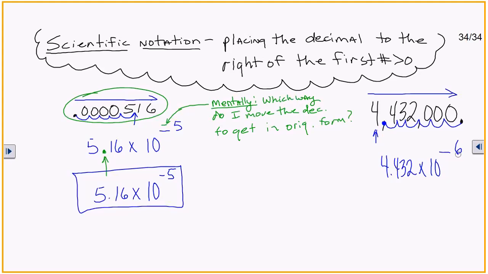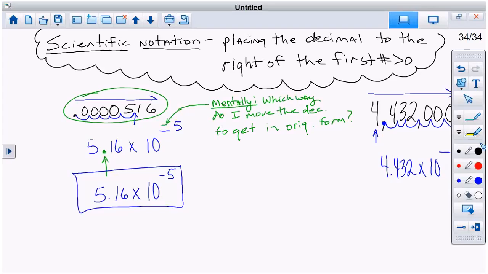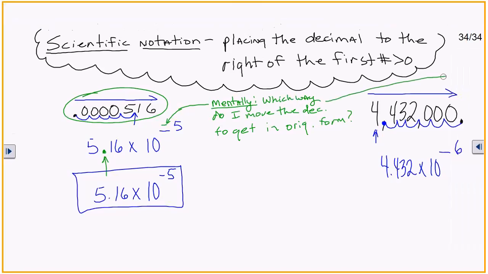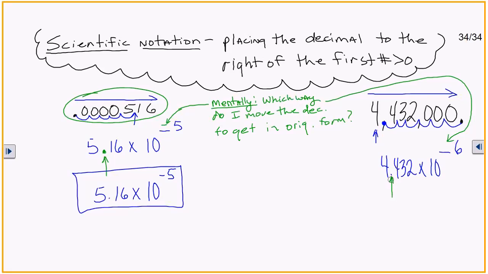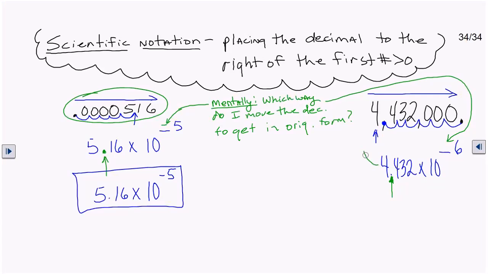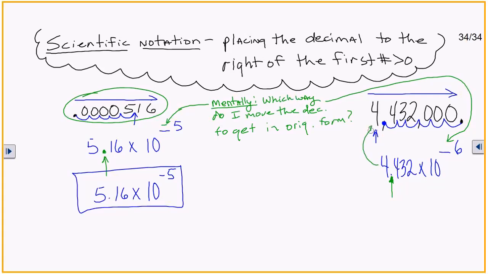Ask yourself, let's get our green marker. Which way do I move this decimal to get it back to the original form? To the right. And that is a positive. And that is the answer to that one.